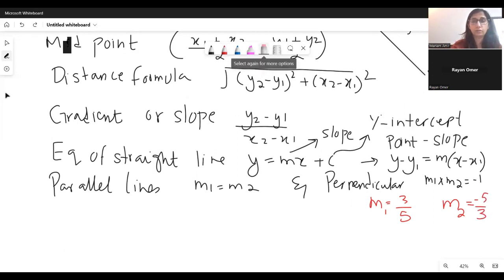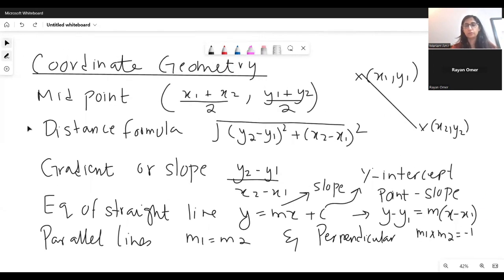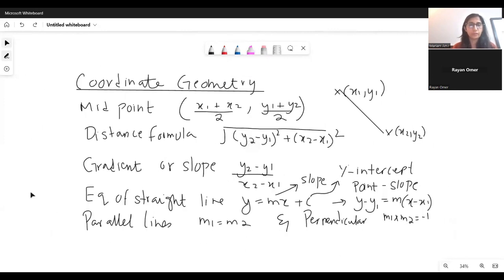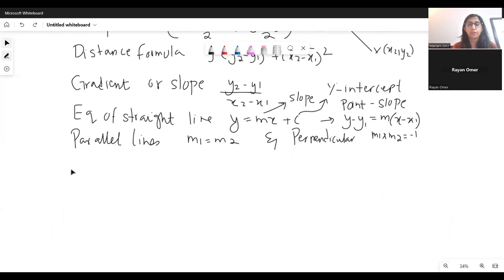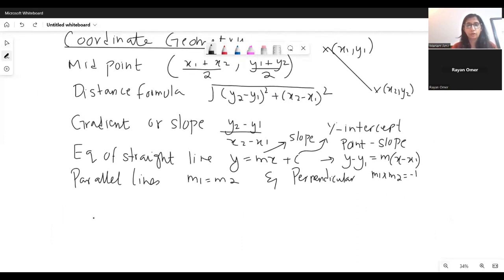Yes, that's right. Okay. So I believe these are all the formulas that you already know from O levels or IGCSE. Let's do a couple more that were not discussed in O levels, but they are part of the syllabus. The first formula would be finding the angle between two lines.